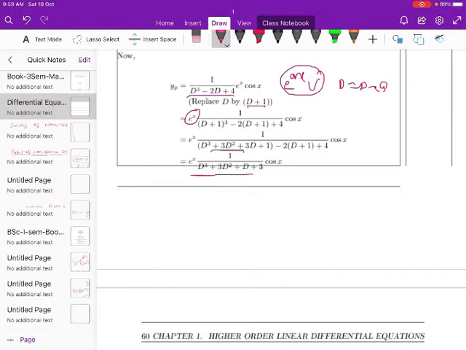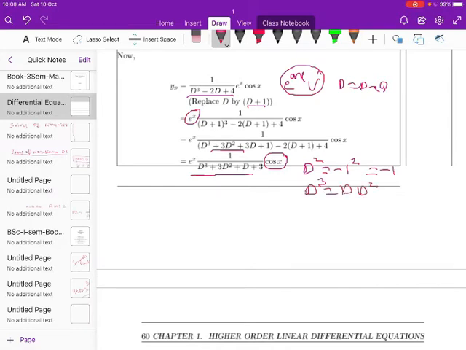After simplification we have e power x into 1 by (d cube plus 3d square plus d plus 3) into cos x. We have a trigonometric function, so you have to operate for d square. Wherever there is d square you take minus 1 square, because the x coefficient is 1, that is, simply minus 1.